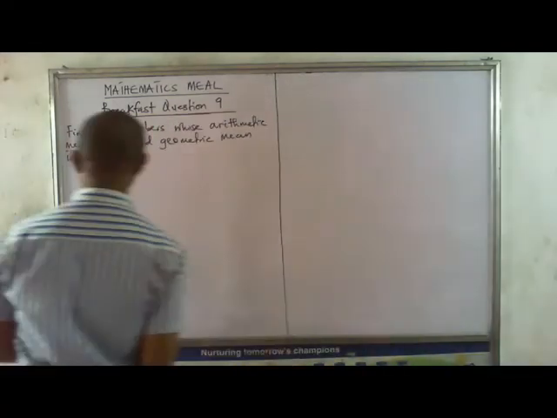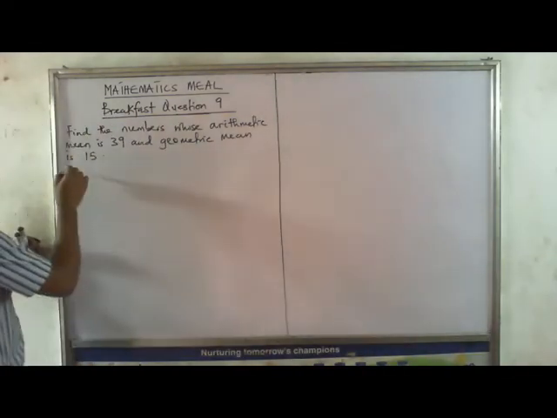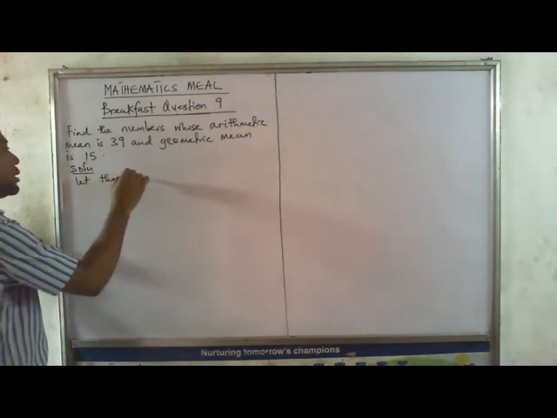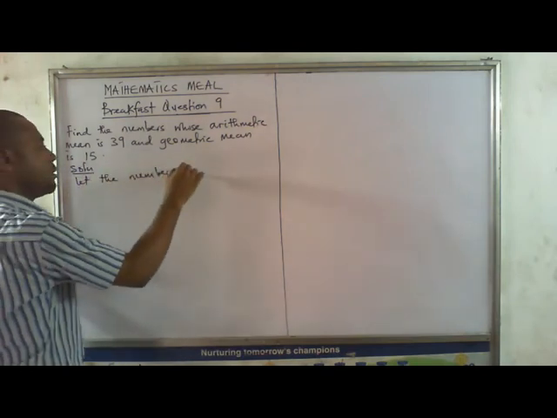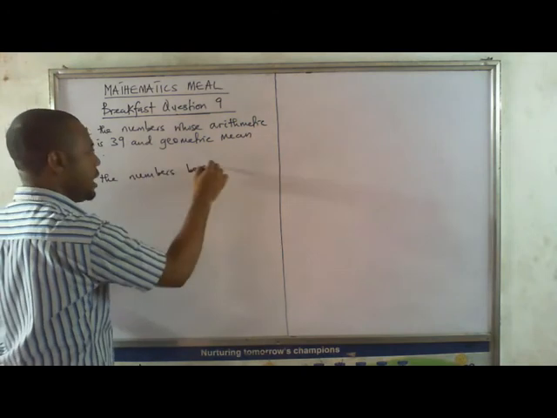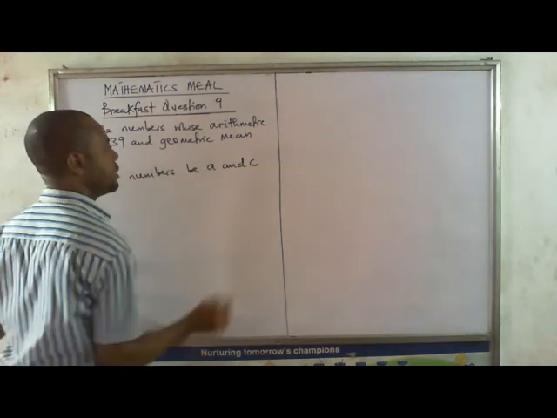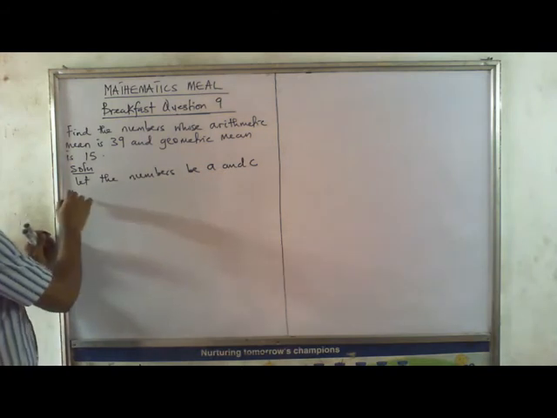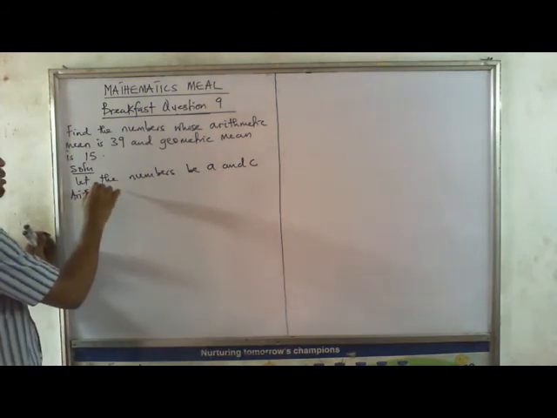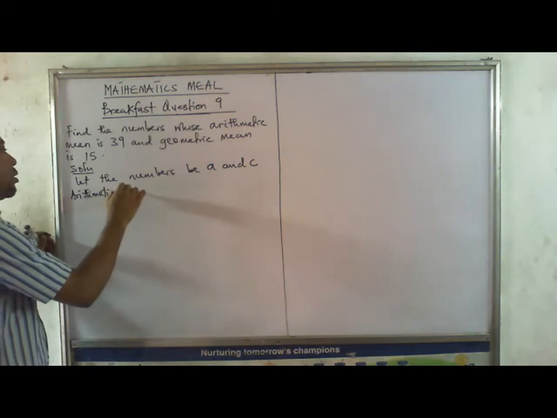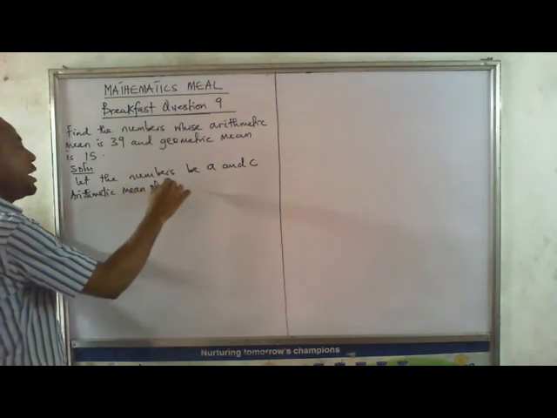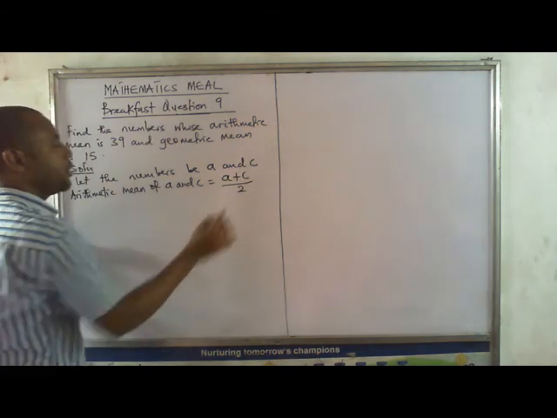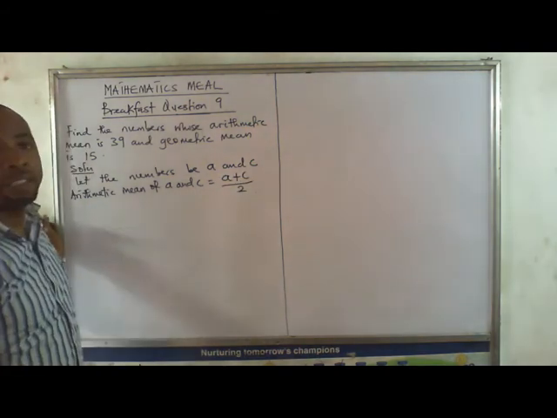So let's begin. Let the numbers be A and C. What is the arithmetic mean of A and C? The arithmetic mean of A and C will be A plus C divided by 2.